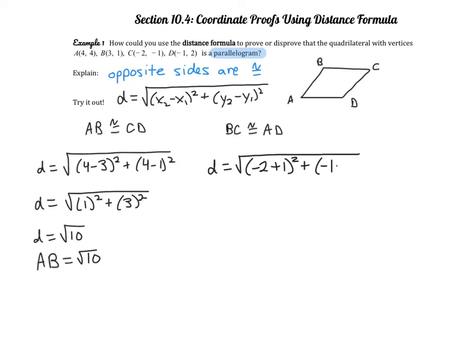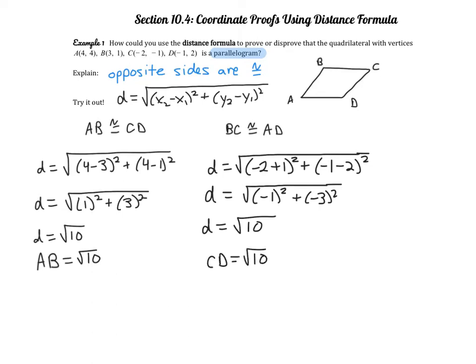And then here, negative 1 minus 2 squared. Remember, we're always simplifying inside the parentheses first and then squaring that number. So be careful here, because negative 1 squared does become positive 1. Negative 3 squared becomes positive 9. So we end up with square root of 10 as well.